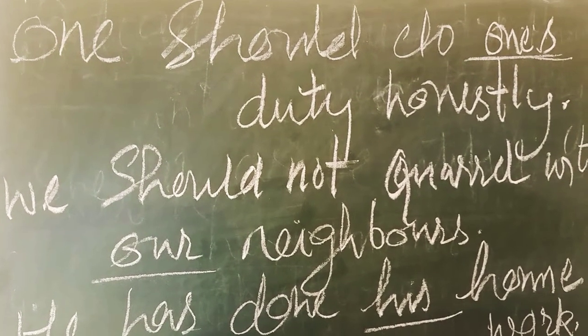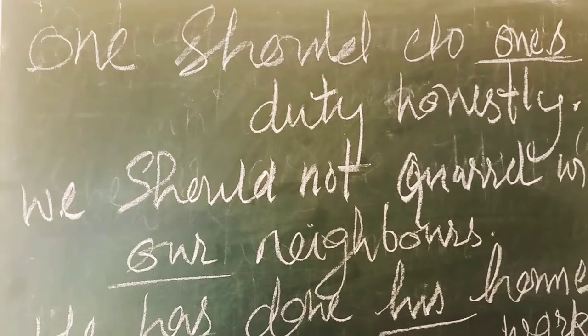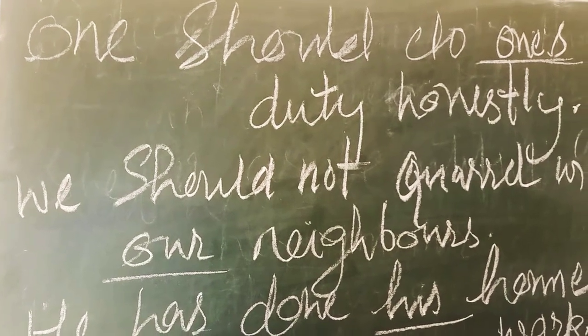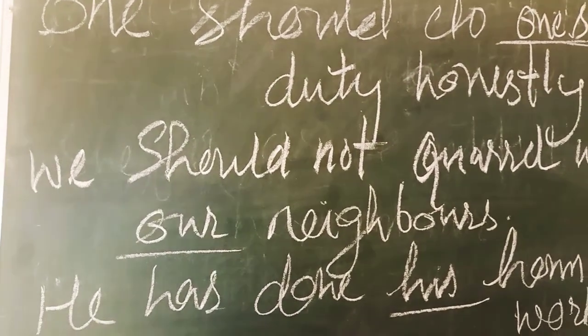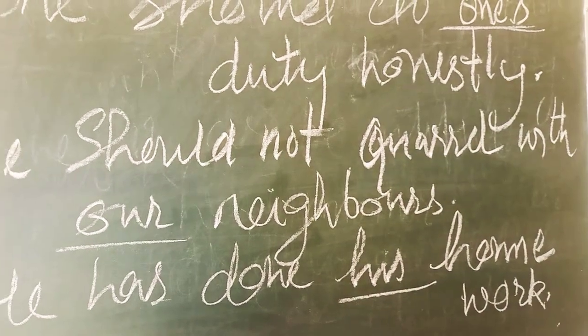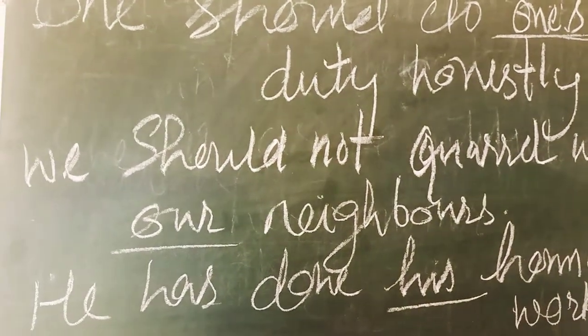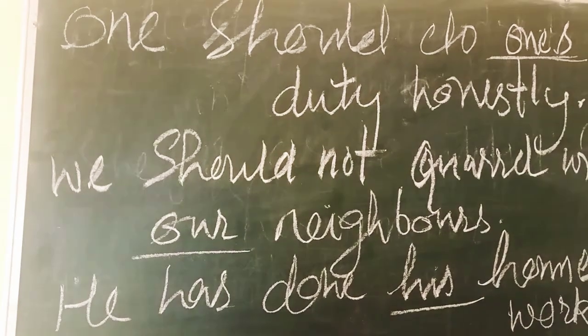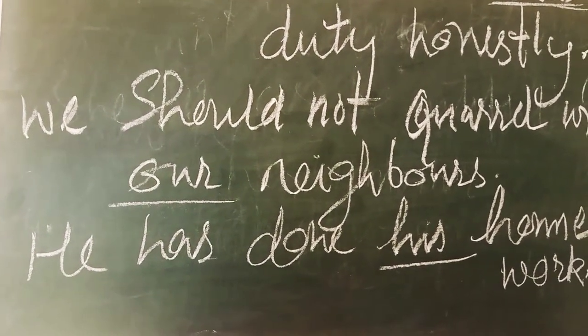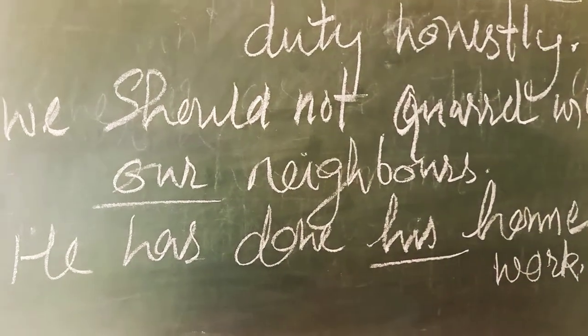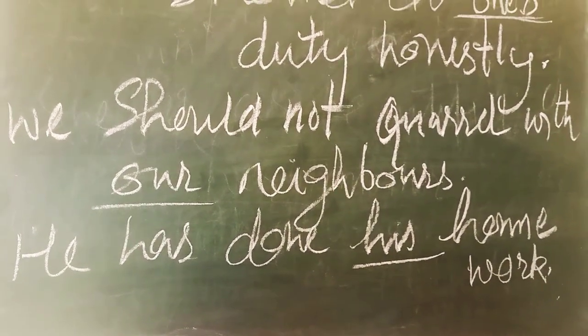One should do one's duty honestly. One's duty, अपना कर्तव्य honestly करना चाहिए. One should not quarrel with one's neighbors. हमारे जो पड़ोसी होते हैं उनके साथ कभी लड़ाई नहीं करनी चाहिए. We should not quarrel with ours. And he has done his homework.